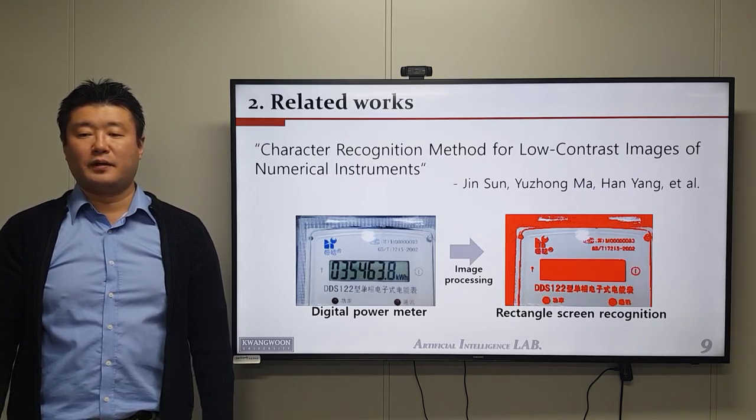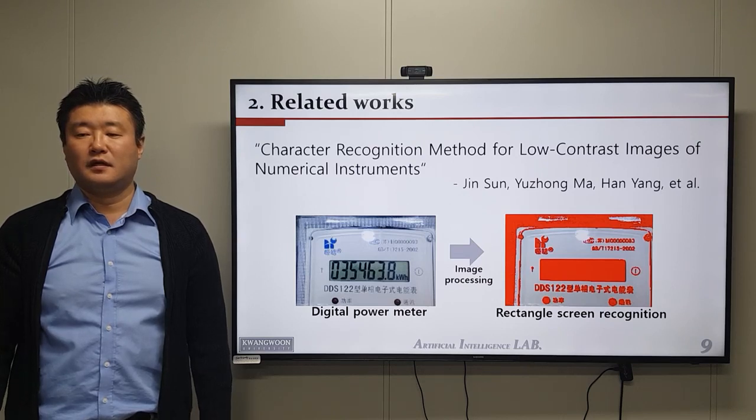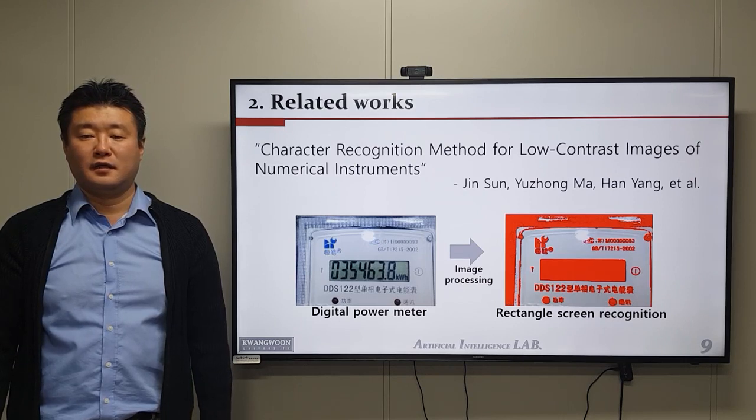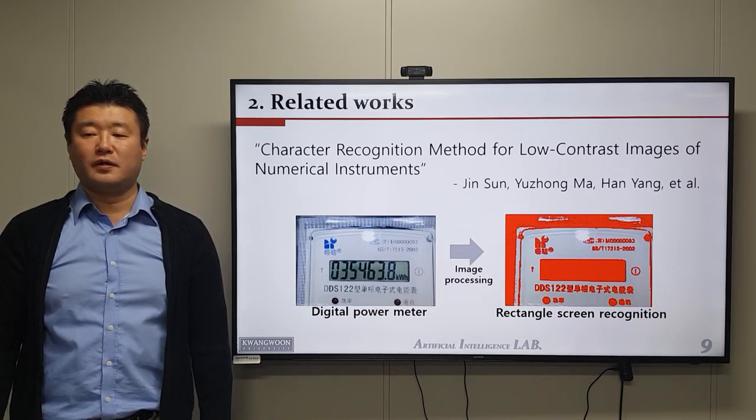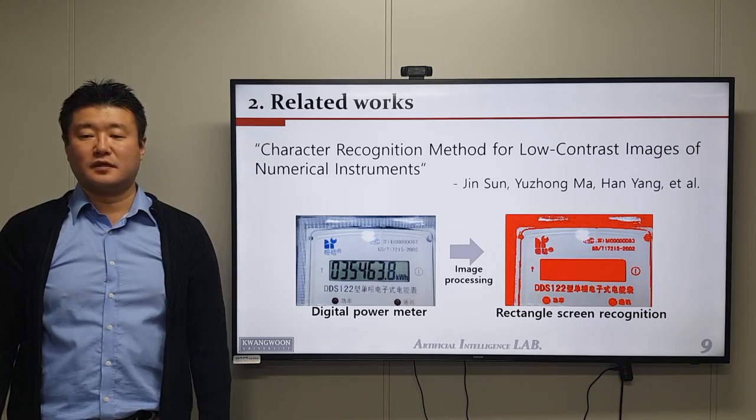There is another paper that detects power meter usage. It is a paper published by Joon, Byung, et al. They targeted digital power meter images. It has a 7-segment liquid crystal display.